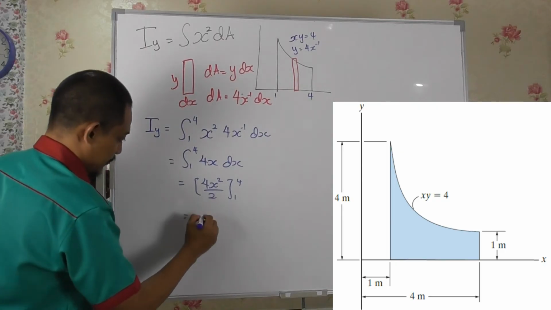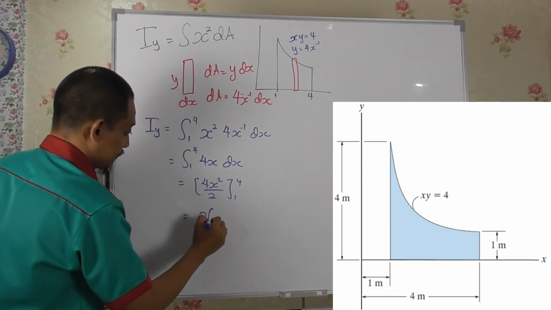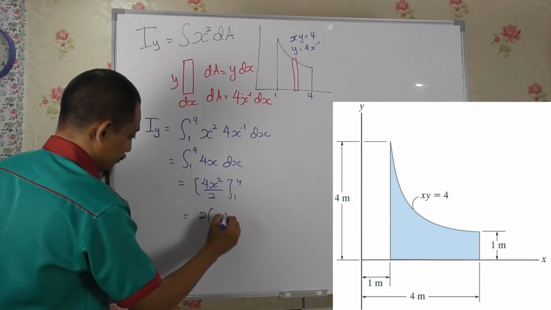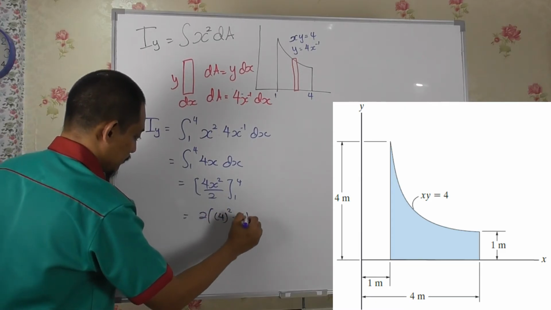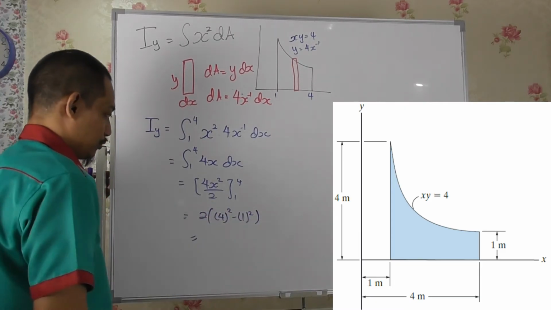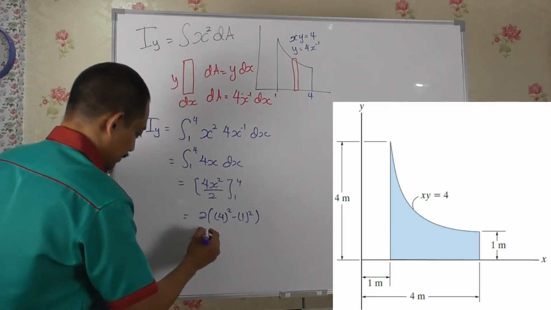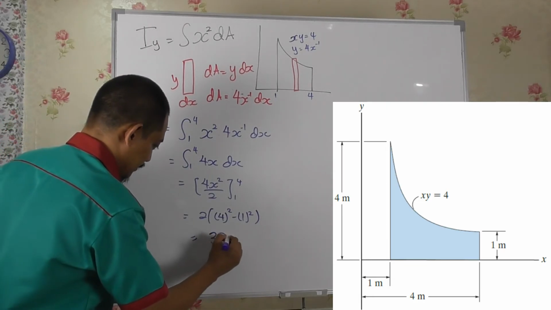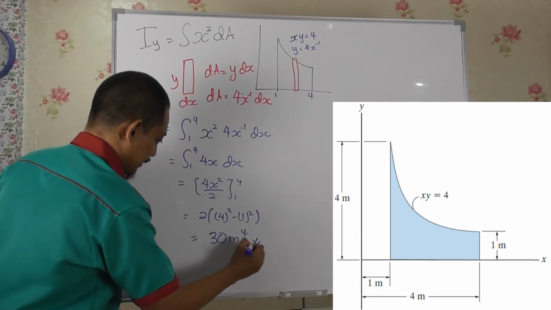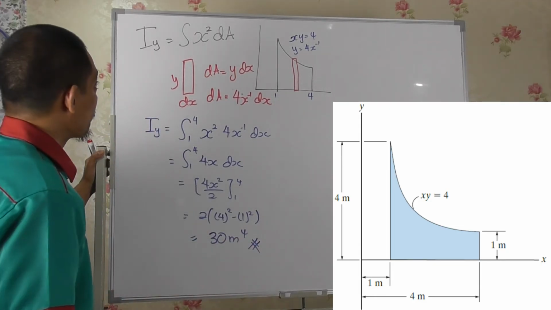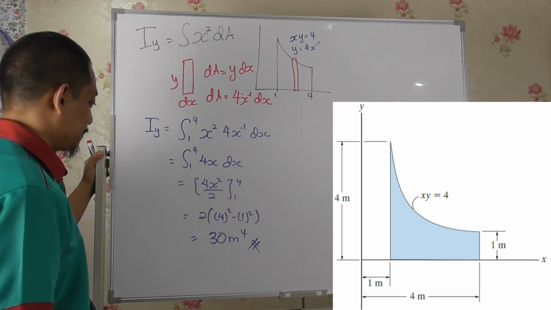This becomes 2 times 4 squared minus 1 squared, so 16 minus 1 is 15, times 2, 30. 30 meter to the power 4. So that is your answer for Iy.